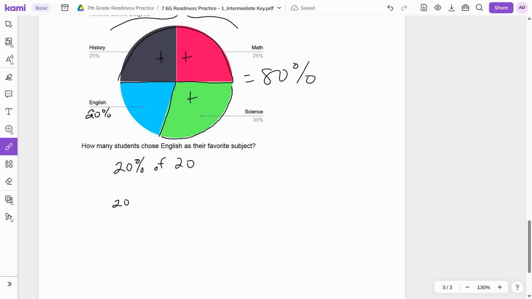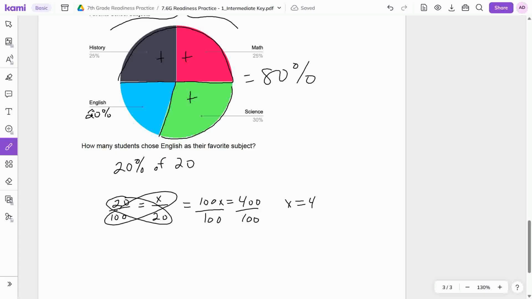So 20 out of 100 students, that's the 20%, equals 20 is my total, 20 out of an unknown amount of students, right? And then we can use cross multiplication. So we can say 100x equals 400. Divide both sides by 100. X equals 4. So it looks like I've got 4 students.